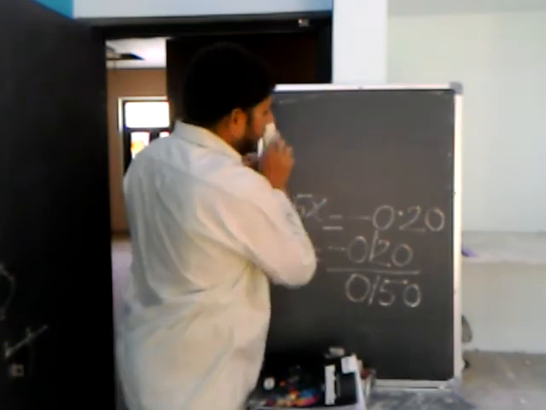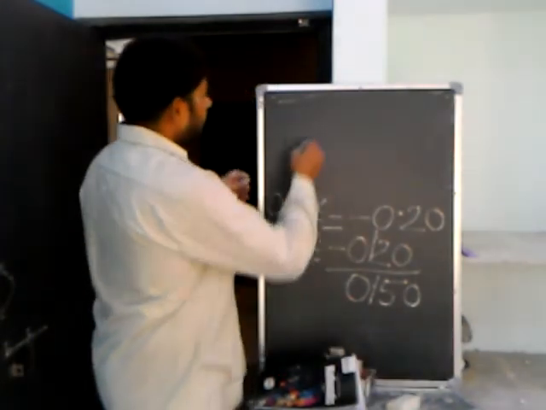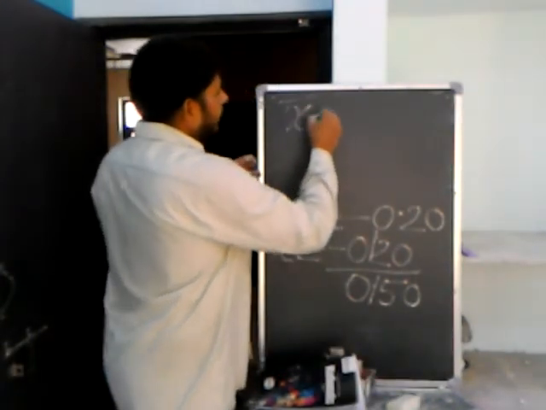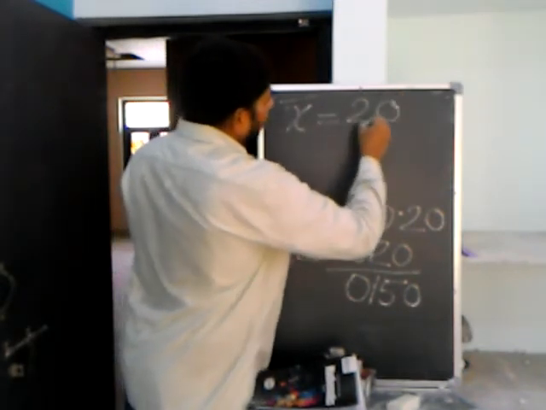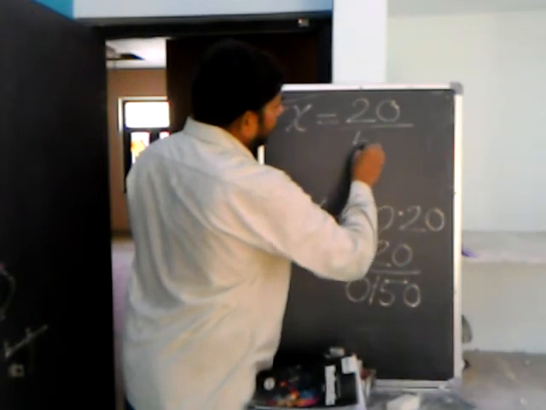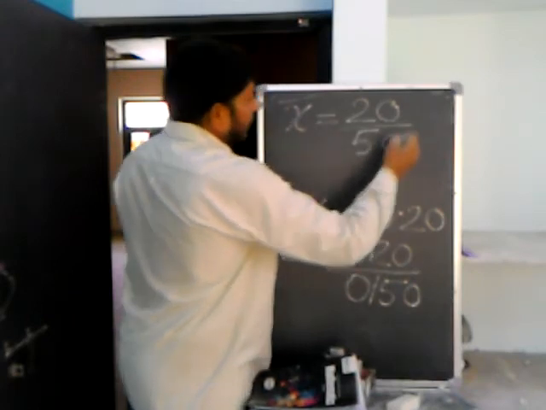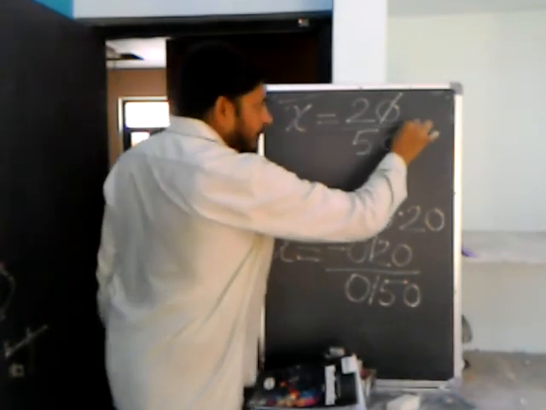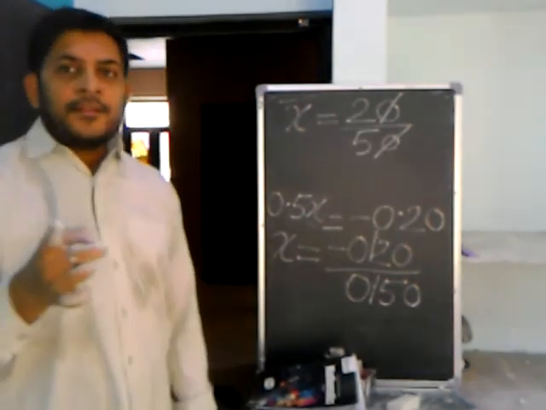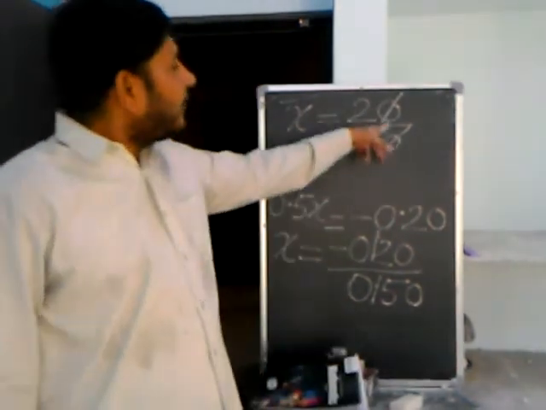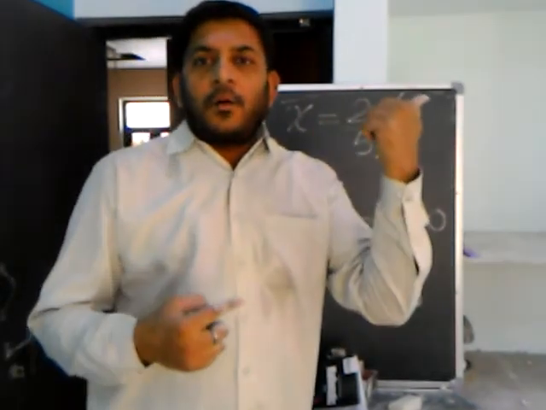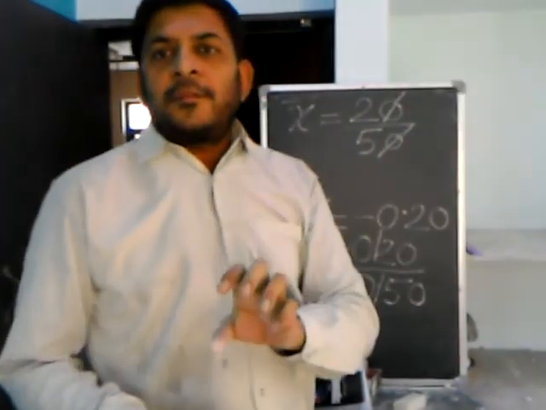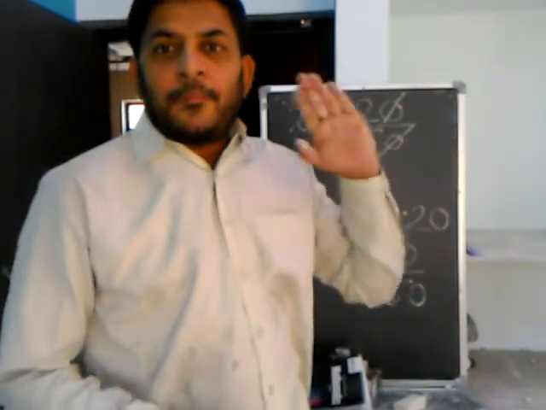And it becomes x is equal to 20 upon 50. Now, as we have done in class 7, if there are zeros in the numerator and zeros in the denominator, then we can cancel them out also.